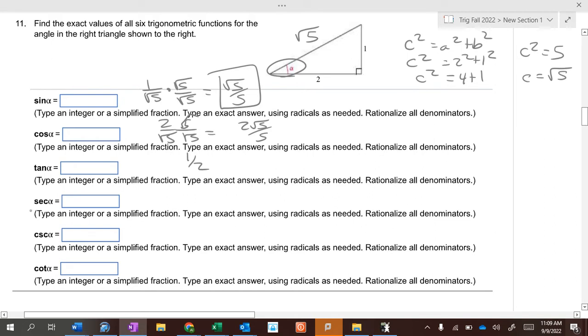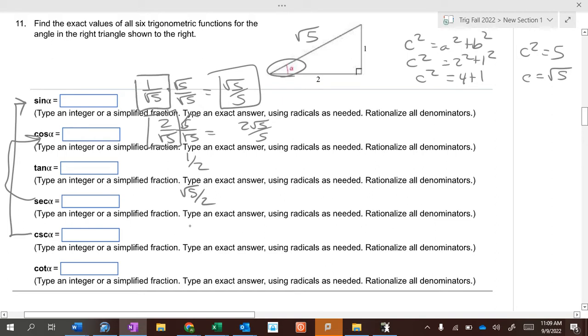Secant of alpha. Secant is the reciprocal of cosine. So you take the cosine and find the reciprocal. Instead of 2 over square root of 5, it'd be square root of 5 over 2. Cosecant is the reciprocal of sine.